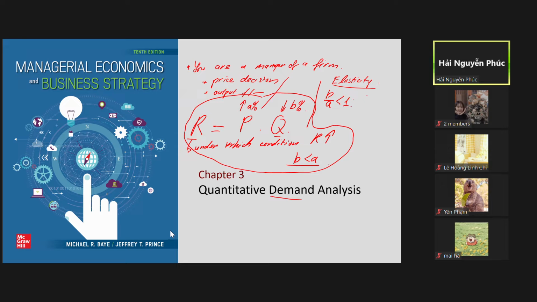In other words, we say the elasticity of demand in absolute value is smaller than 1. Or in economics, we say demand is inelastic. Remember it?